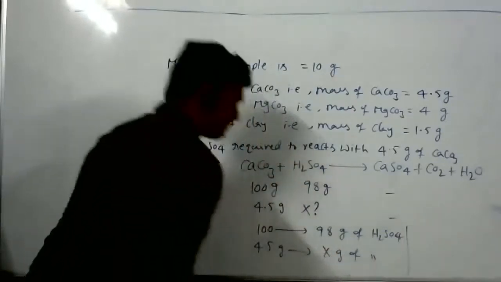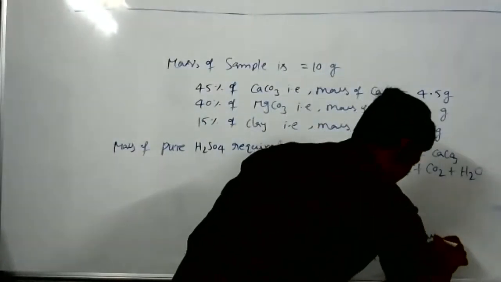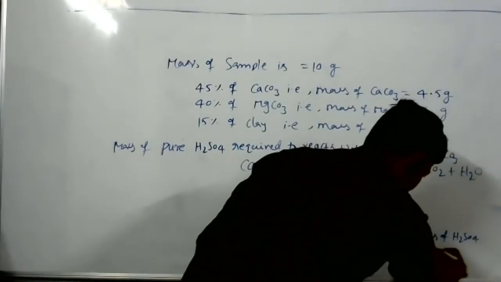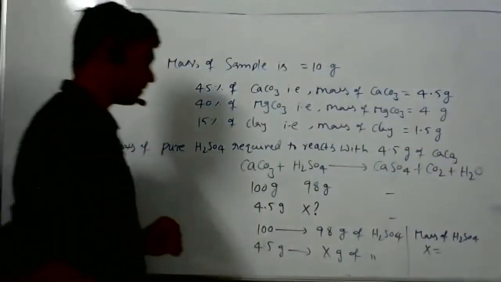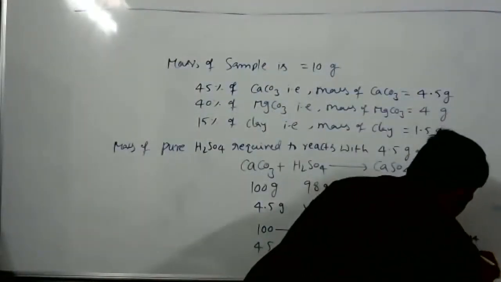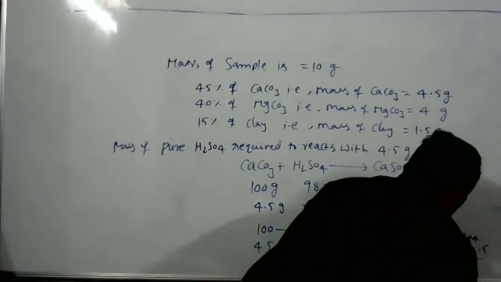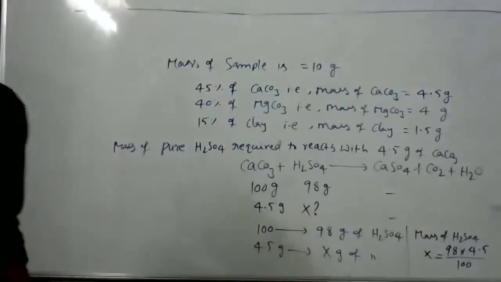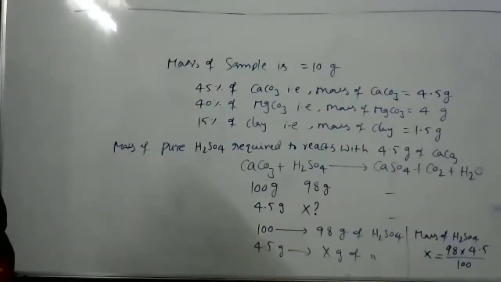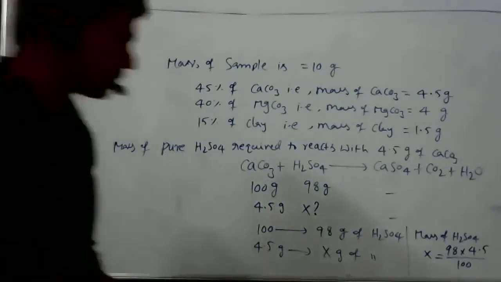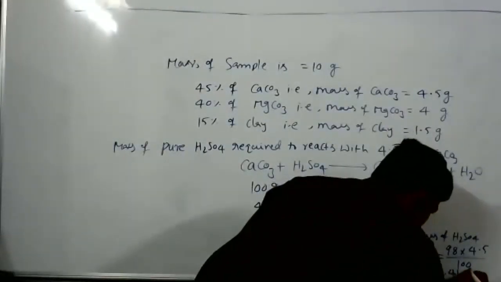So X is equal to 4.5 into 98 divided by 100, which is 4.41 grams of H2SO4.